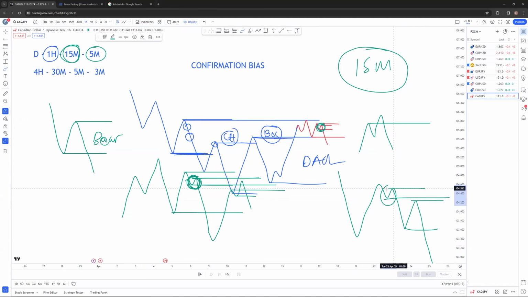You can use this formation, not this one, because this was our first area of consideration. As we go down, if we find another formation that is not being mitigated, we can use that formation as our entry.